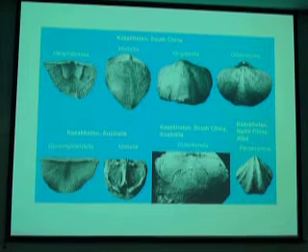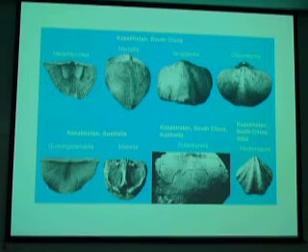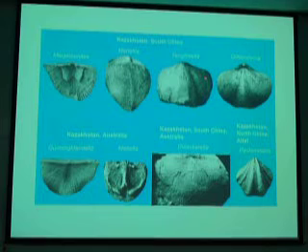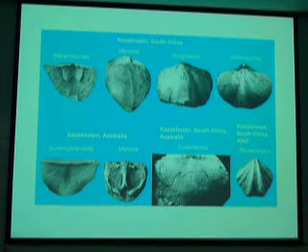And this demonstrates the similarity of some of the genera that are found in the Kazakhstan assemblage of plates in the center of Asia and in common with South China. These are brachiopods, so you'll probably know them better than me. But they include things like Yangtziella, the name says it all, and various other genera familiar from South China, which are also found in some of these Kazakhstan terrains.